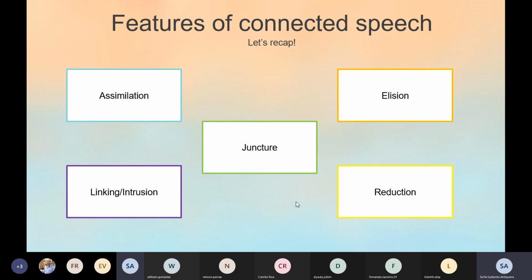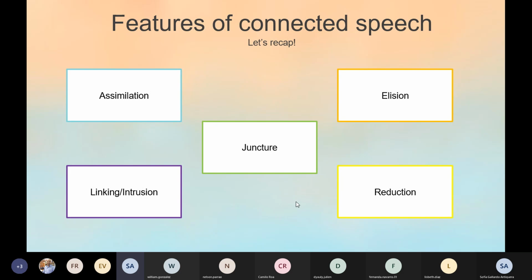And elision. Any volunteers for elision? I know you know the definitions, and I know that you know what they mean. So try to say them, and hopefully not the people that speak all the time, so I can be sure that, for instance, Nelson, would you mind telling us the definition of elision?